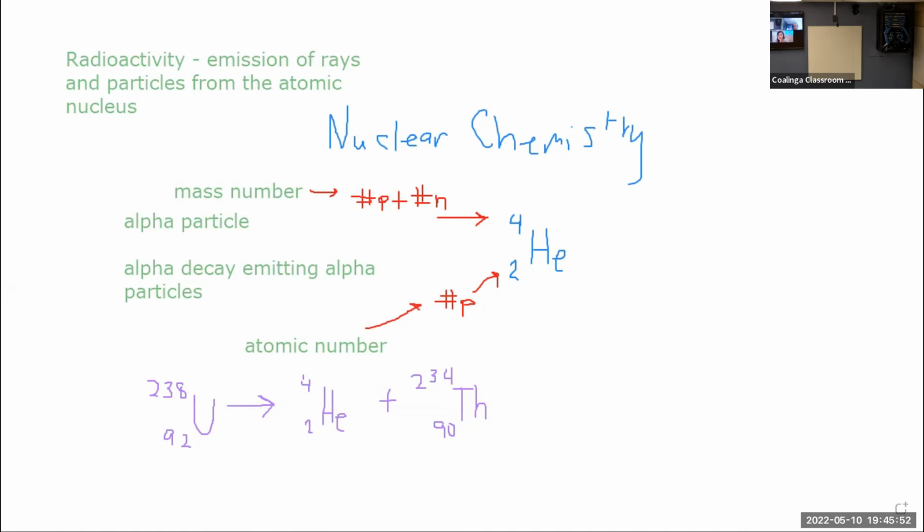Okay, so let's do an example. Let's do Pu, and it's going to go through alpha decay.